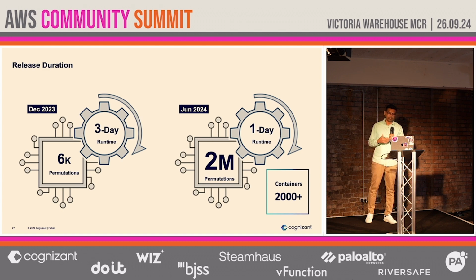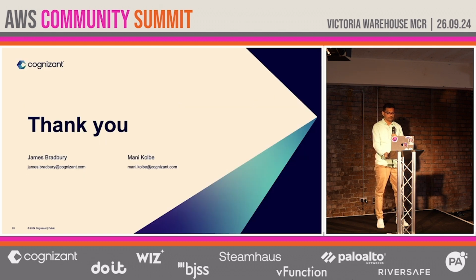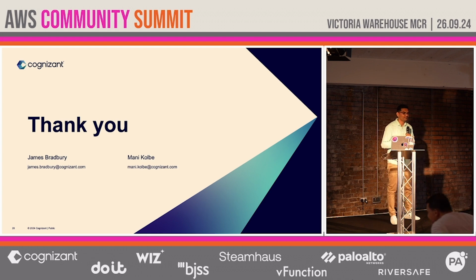This was achieved by running it in parallel using more than 2,000 containers on the EKS cluster. And that's our story of running millions of simulations on EKS cluster. Thank you.